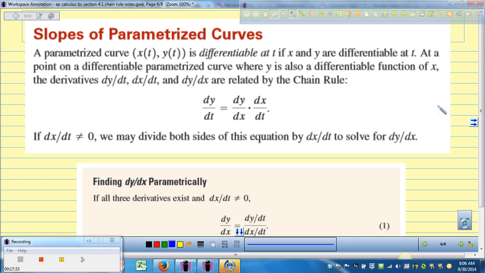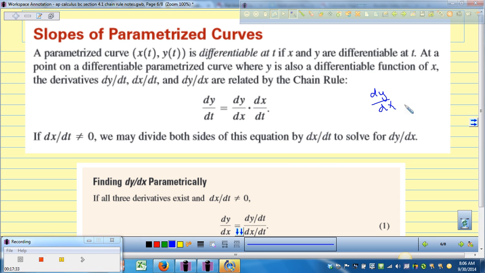Okay, so when we have parametric equations, we have an x equation and a y equation in terms of some third variable, which is most often time, or t. Okay, so we are still interested quite often in getting the derivative of y with respect to x, even if we're given parametric equations.